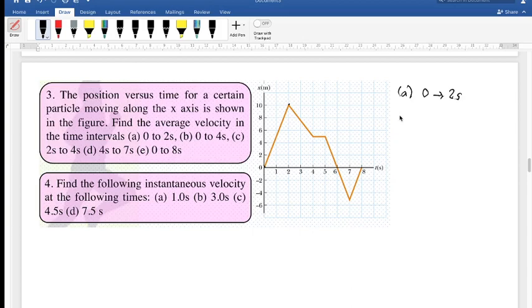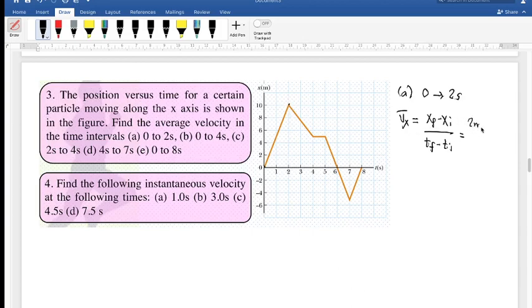So we have here the average velocity for A. That is the final position minus the initial position divided by the final time minus the initial time. So what is the final position? The final position is actually 2 meters.